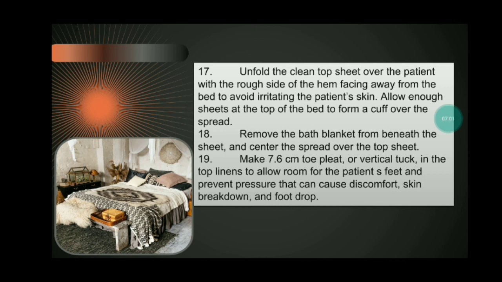By the way, what is this toe pleat? A toe pleat in bed making is the pleat in the sheet that allows a patient in the bed to be able to move his or her feet, so that it can prevent discomfort, breakdown, and of course the foot drop.